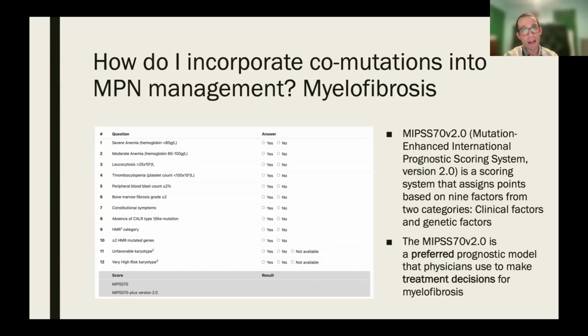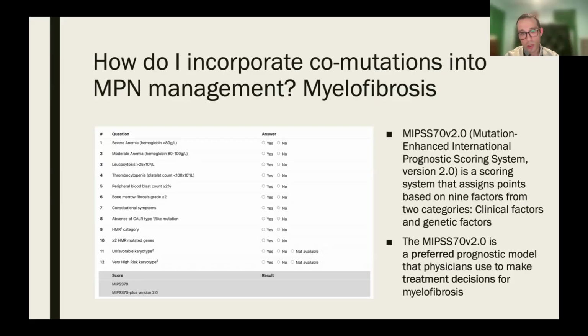If not, you really need to have this score calculated as soon as you get diagnosed, because it really does affect how you're treated. And this is where I give my little public service announcement to always get evaluated at a transplant center if you've been diagnosed with myelofibrosis.